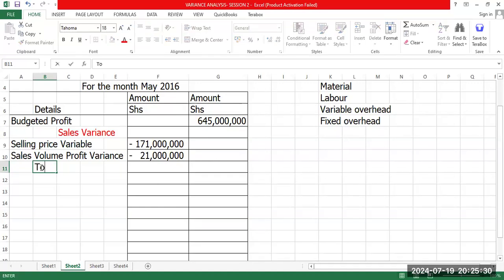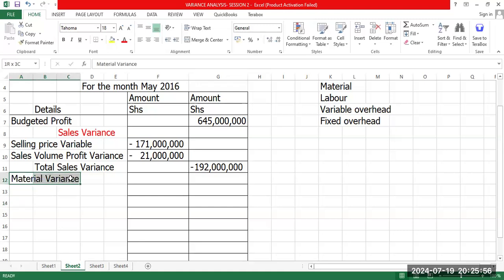Here you can get the total sales variance. If you want to get the total sales variance, get this one plus this one. So we go to material variance.